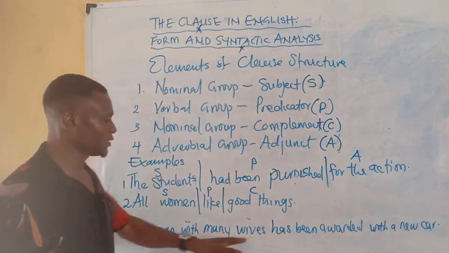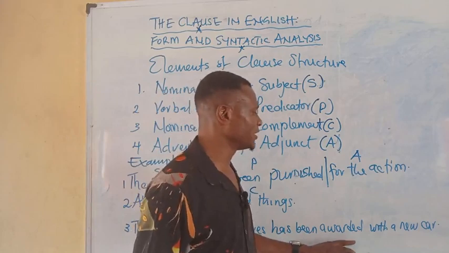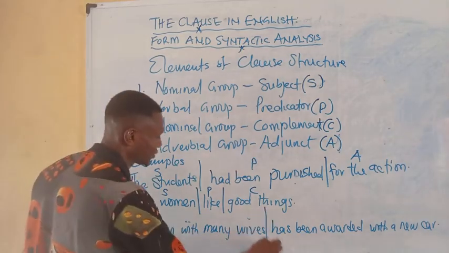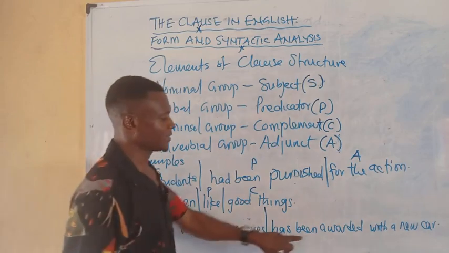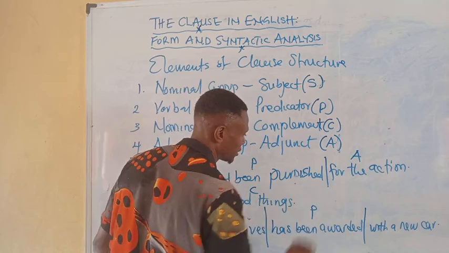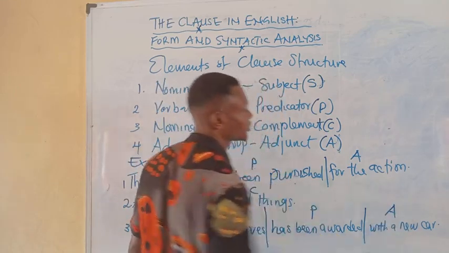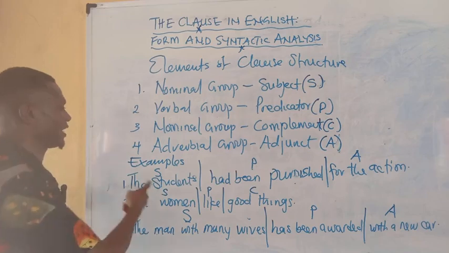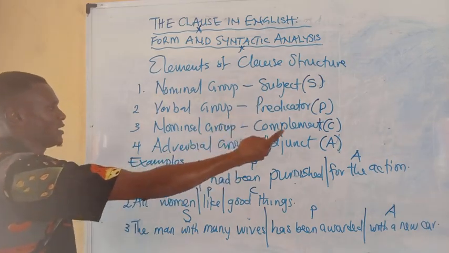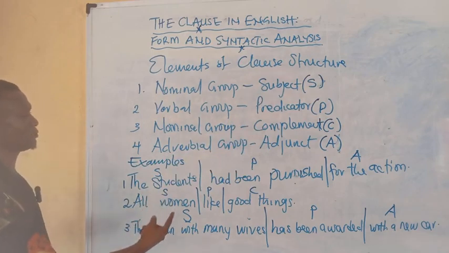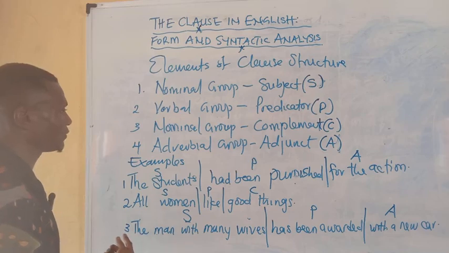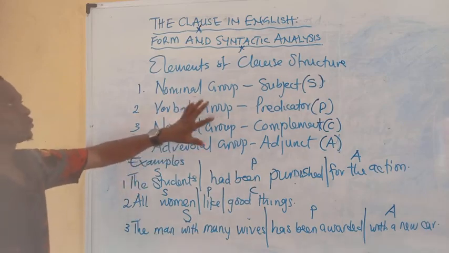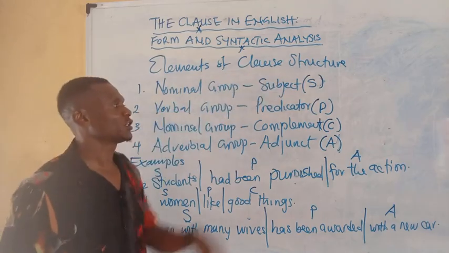The man with many wives is the subject, has been awarded is the predicator, with a new car is the adjunct. So these are the elements of clause structure: S, P, A, then S, P, C, then S, P, A. This is what we refer to as the elements of clause structure.